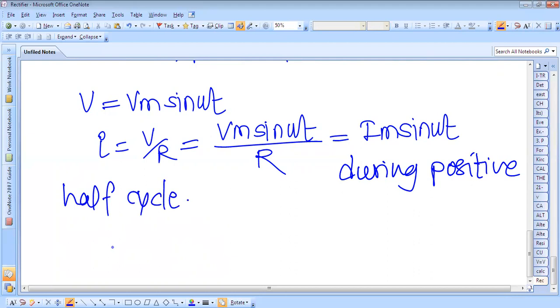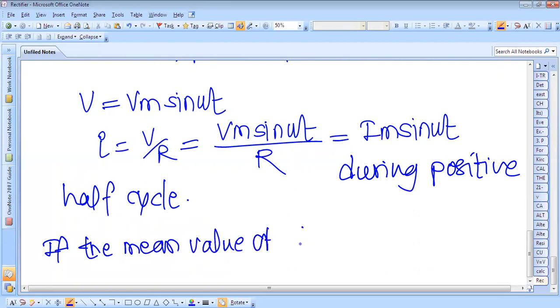The mean value of the current is nothing but the direct current. The mean value of the current is equal to IDC, because it is a unidirectional current.